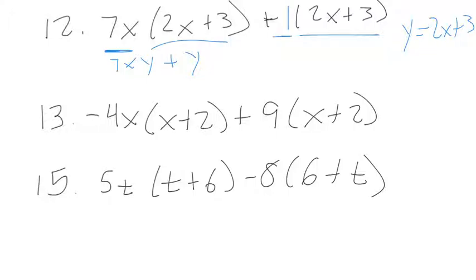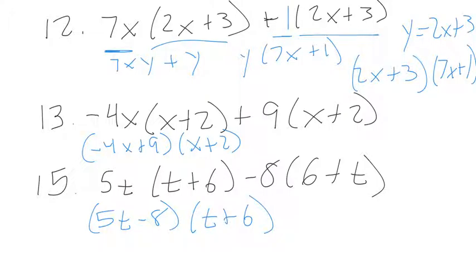And the common factor between this term and this term would be y. So if I factor that y out, this would then become y times 7x plus 1.